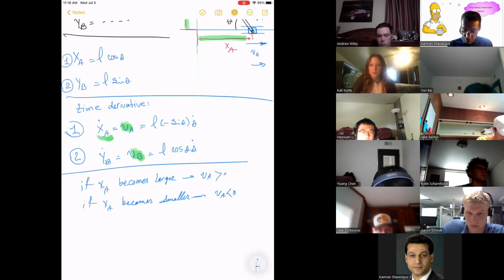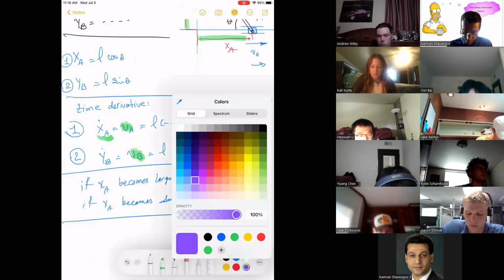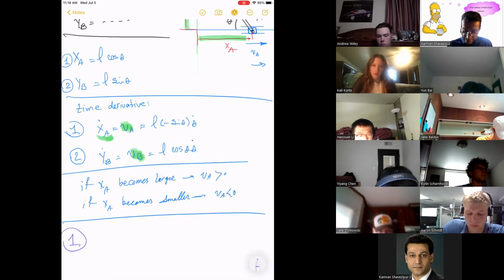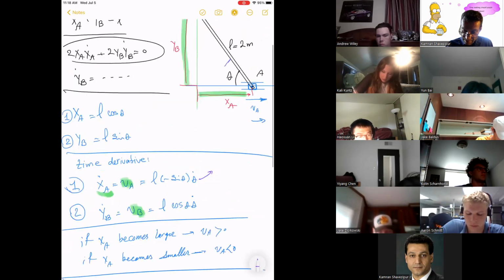So if I substitute the values for 1, I'm going to get 8 equals 2 times minus sine 60 times theta dot. Remember, theta dot, the change of this angle, is the definition of omega, right?